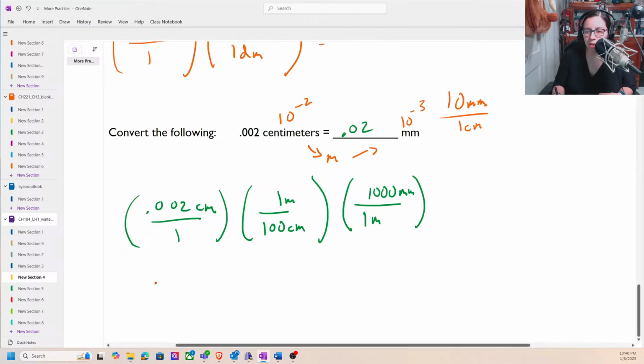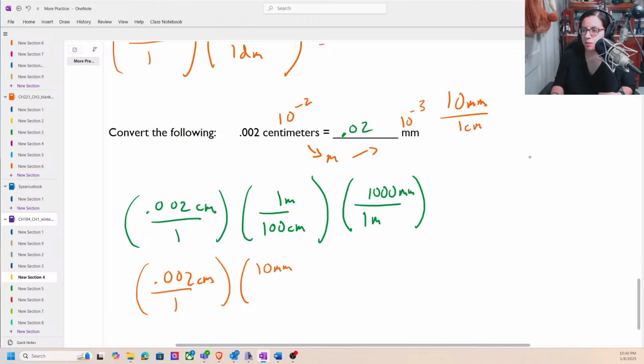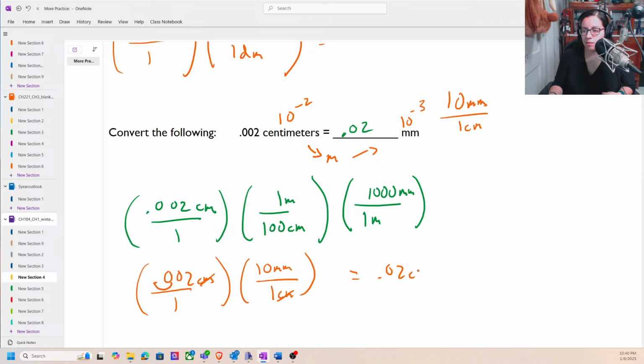Looking promising, so we can just double check it with our one-step conversion. 0.002 centimeters over 1 times, we said 10 millimeters are in 1 centimeter. Centimeters cancels. Move our decimal over to get, yes, our same answer.